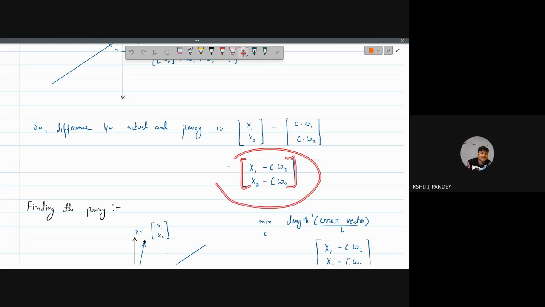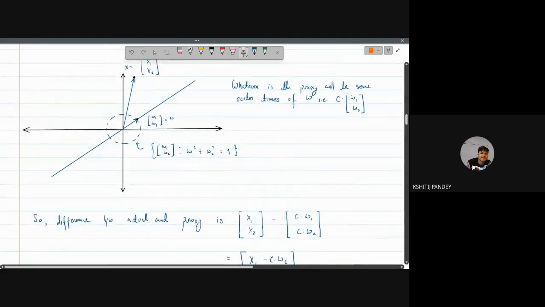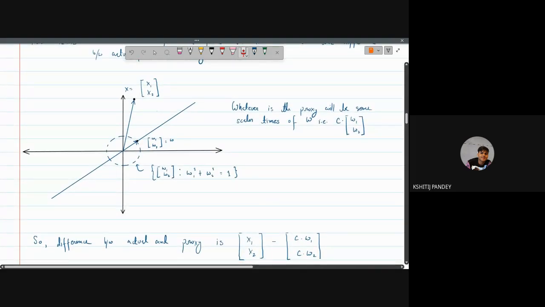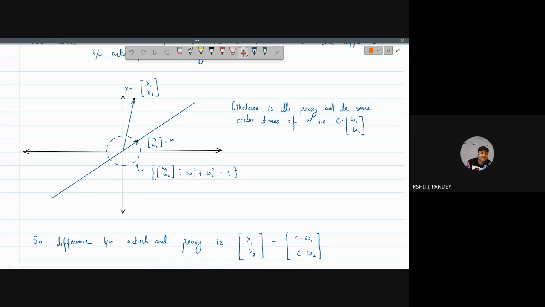Now we want this difference to be as small as possible. Why? Because the smaller the difference is, the better the replacement point, the better the proxy is.